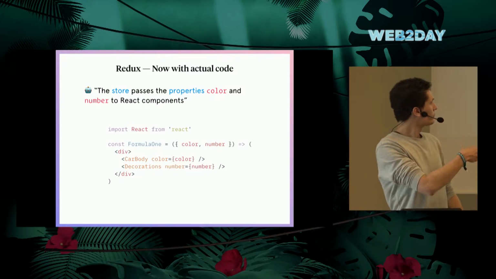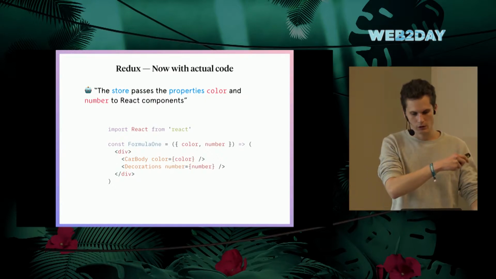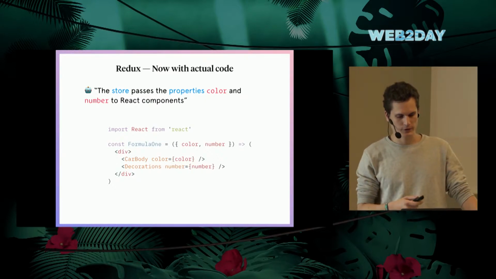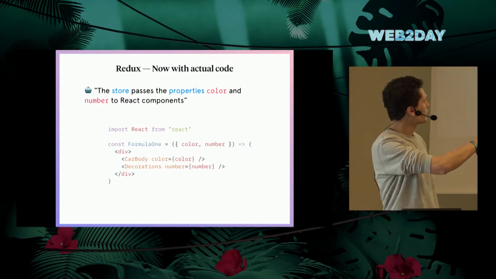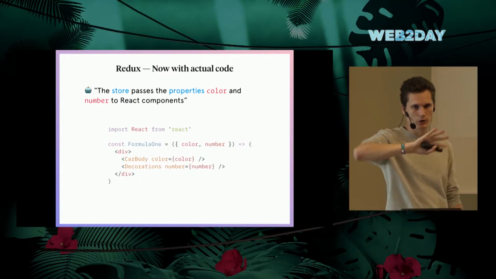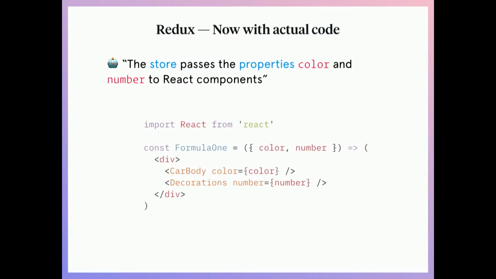This is React code, really simplified for this example, but we can pass down new properties, like the car color or the car number of the sticker, and pass them down to individual components. When they are redrawn, they have access to this information and can act accordingly. So you can modify your CSS or the actual text or numbers that you display to the user.